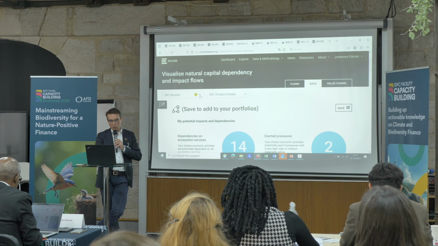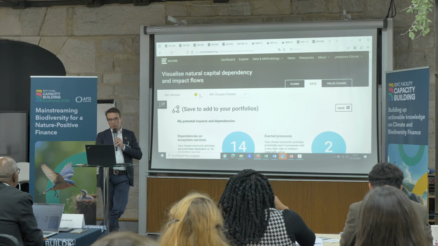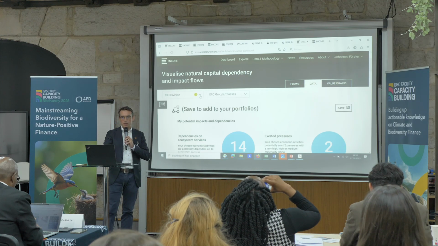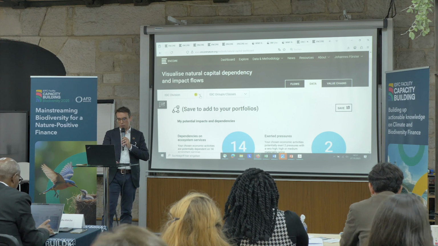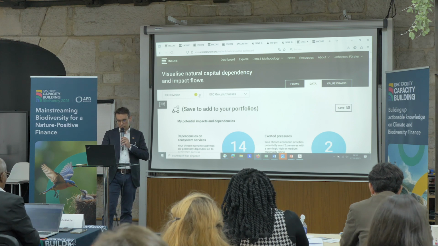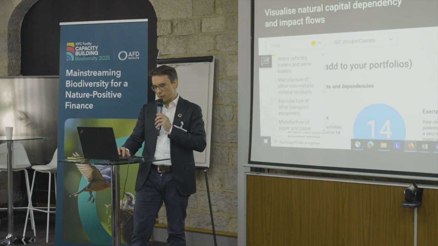It's a bit slow. And it will basically show you typical impacts and dependencies for those sectors. Here it is now. And here you can select from various sectors that are listed according to the ISIC classifications.